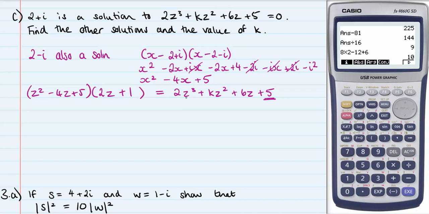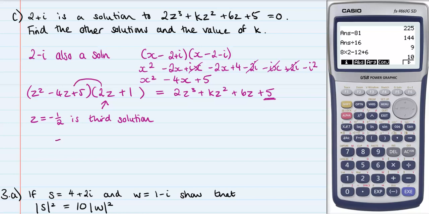So the third solution is from this bracket here. Setting that bracket equal to 0 gives us z equals minus a half as our third solution. And finally, the value of k up here. This bit just here, we can work on expanding through to work out what that needs to be. We only need to consider the bits that make z squared when we times it out.